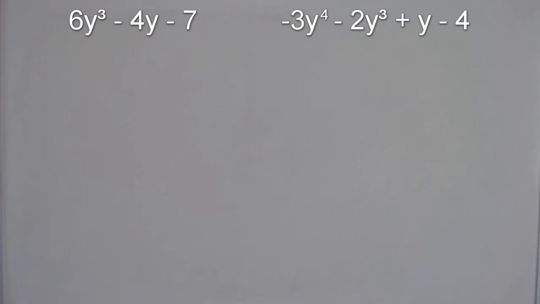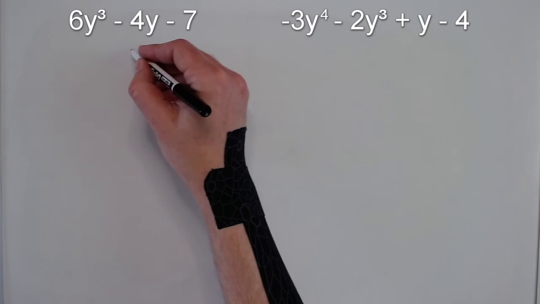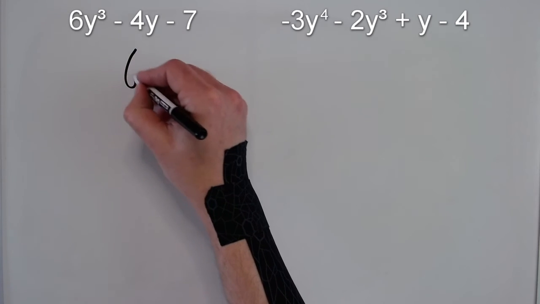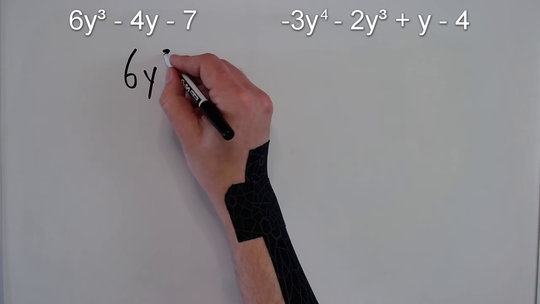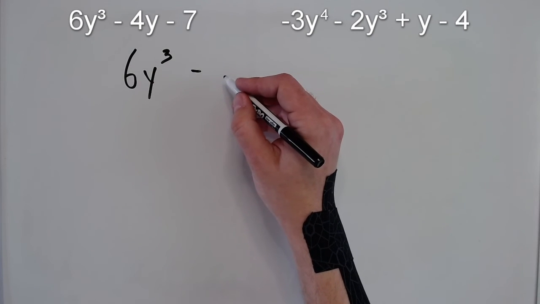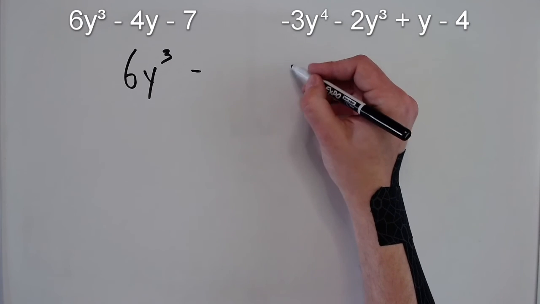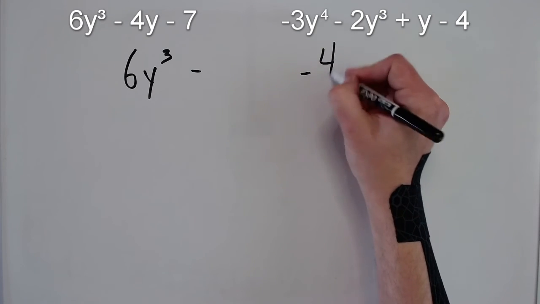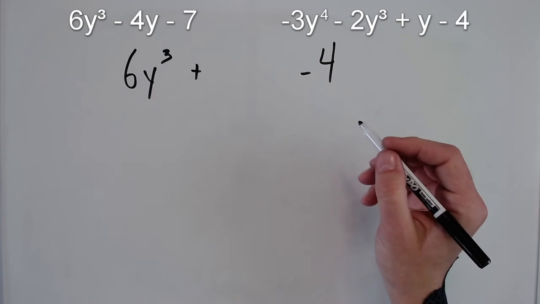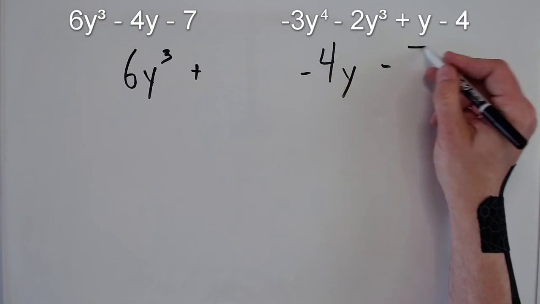Okay, let's do this subtraction problem, but we'll do them in the stack 'em style, column method. We've got 6y cubed minus nothing y squared, minus, we could put a plus there if we wanted to, minus 4y minus 7.